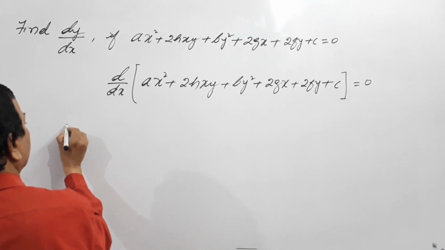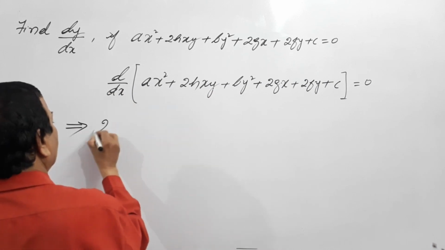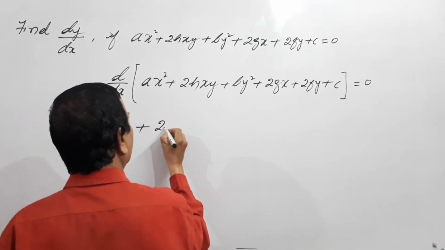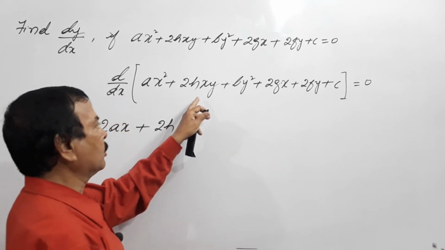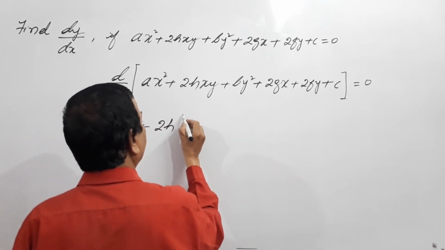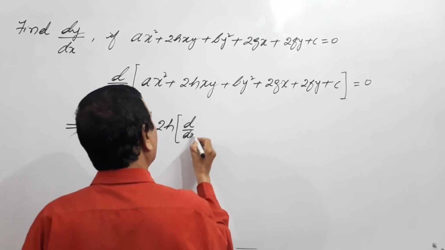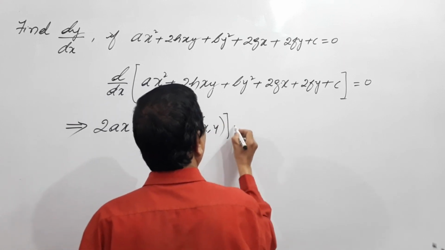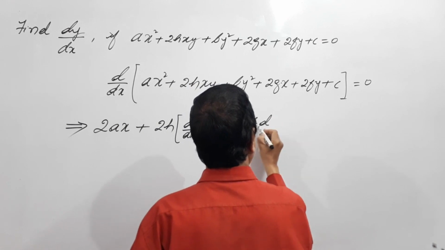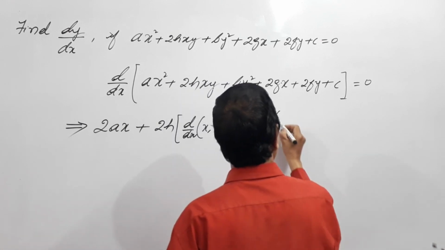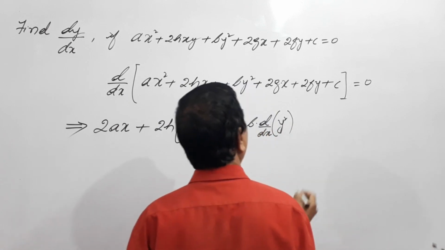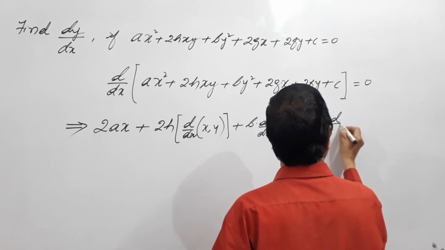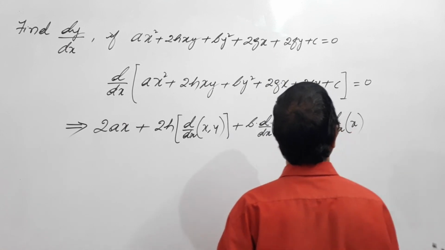If you differentiate this, this becomes 2ax. I'll take this 2h common. I take this 2h outside, and d by dx of xy, plus I take b outside, d by dx of y square, plus I take 2g outside into d by dx of x.